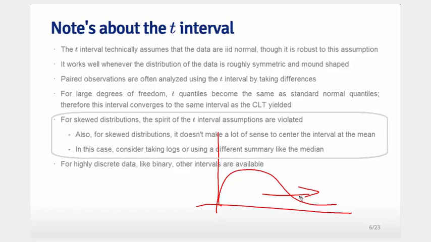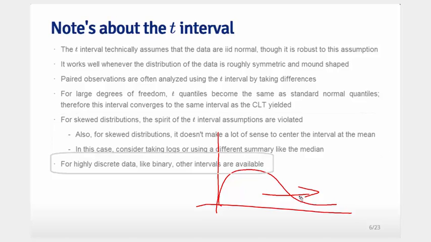And so you could either work on this data on the log scale, where logging will often take care of the skewness of the data, or you can use other procedures, for example, creating bootstrapped confidence intervals. Nonetheless, it simply doesn't make sense to use the t-interval for skewed distributions because in a lot of ways it doesn't make sense to center intervals for skewed distributions at the mean. Also, I would add for highly discrete data like binary or Poisson data, other intervals are available and it's probably preferable to use them to the t-interval.